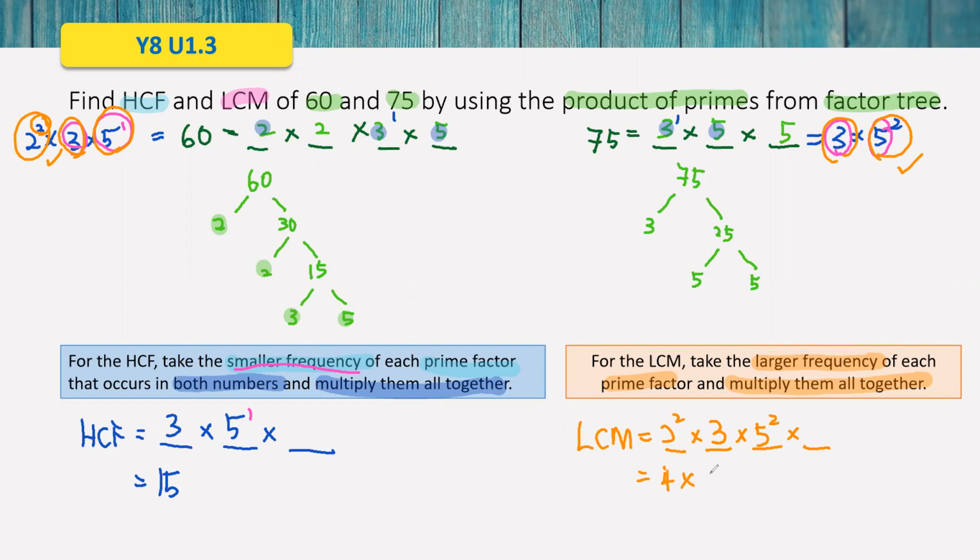Multiply everything together. 5, 5, 25. So I'm getting 12 multiplied by 25. So that is 300. So 300 is the lowest common multiple of 60 and 75.